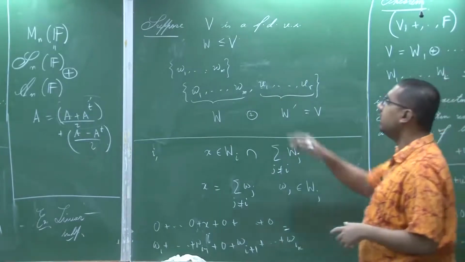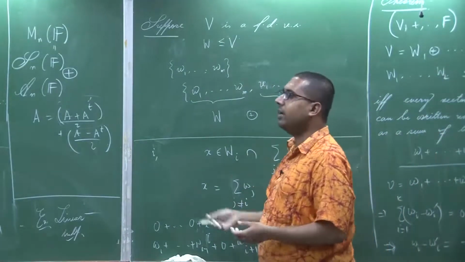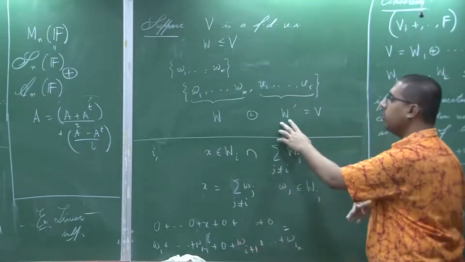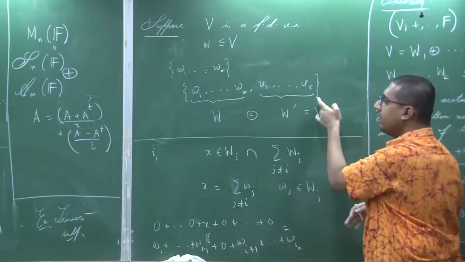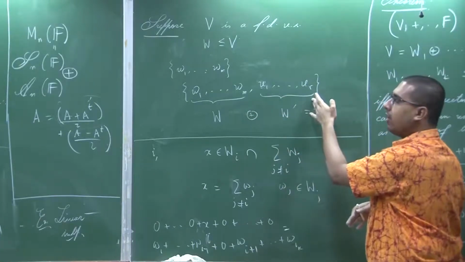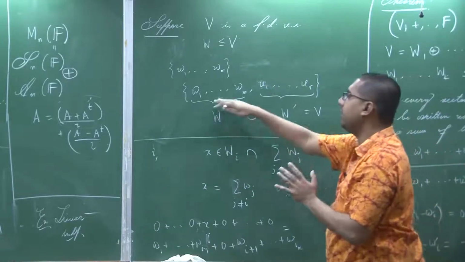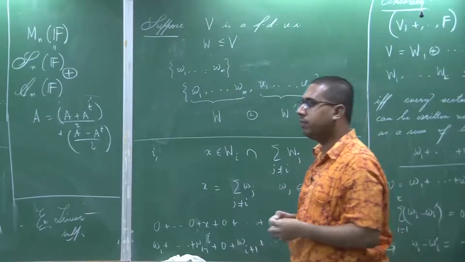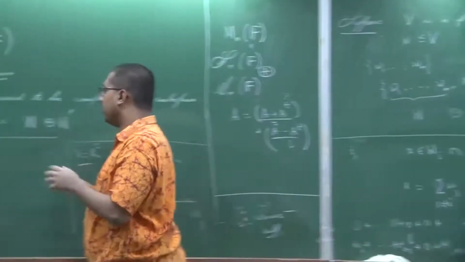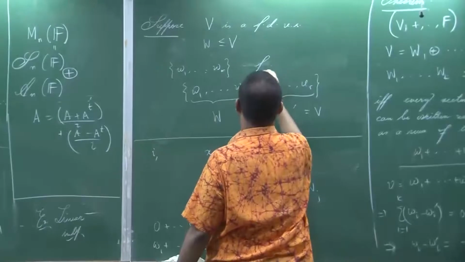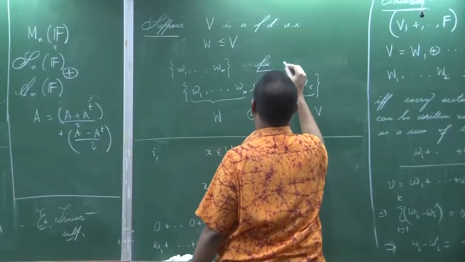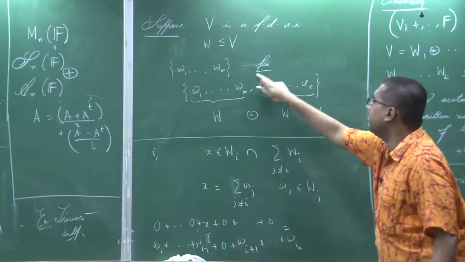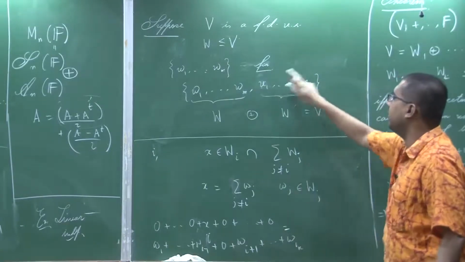So, what you see is, given V and given W, a complementary subspace can be obtained by taking the linear span of the extra vectors when you extend the basis of W to a basis of V.